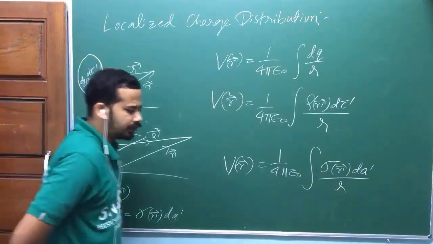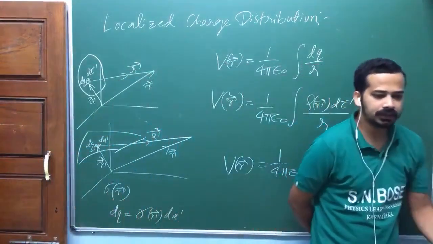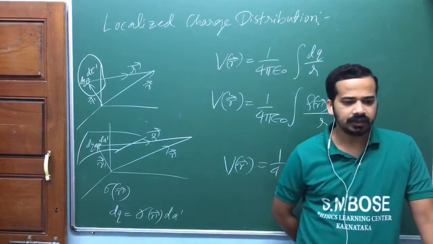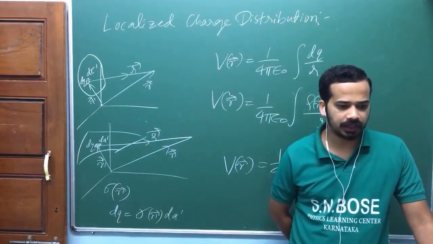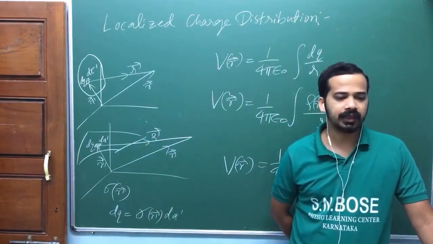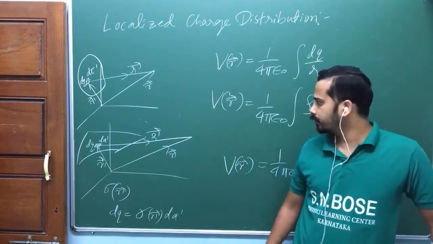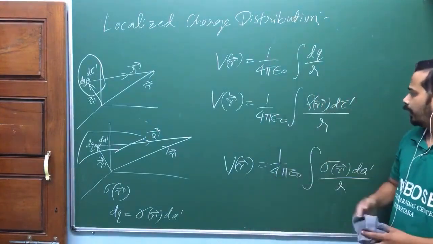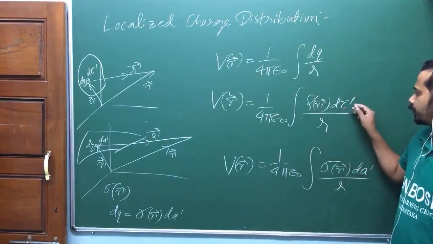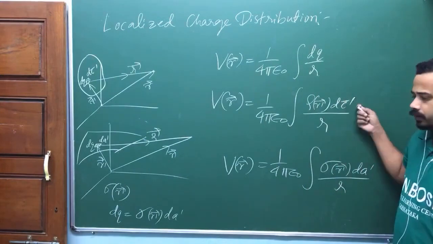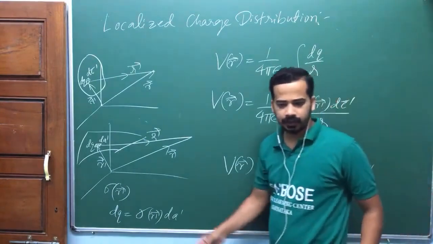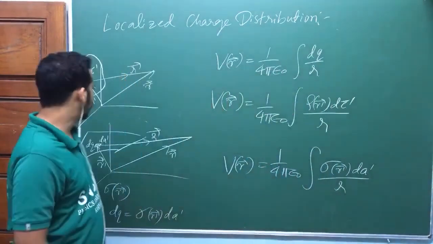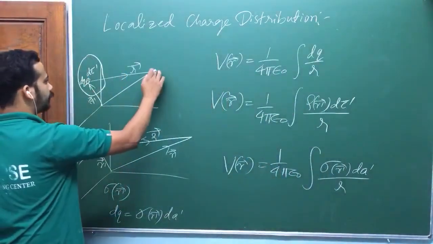Yes, obviously. First try to understand what density is. Density is a point function, a scalar function, and it can be different at different points. That's what I have written here, rho of r prime, and this integral is with respect to r prime. That's why we put a prime here. We took the same idea in the case of the electric field. You need to integrate over r prime, while r is a fixed point.